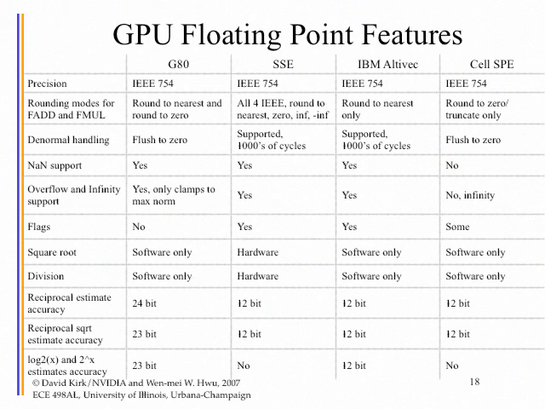The reason is that G80 and Cell are two comparable machines, both designed to be highly parallel and very, very fast. Whenever you have a highly parallel machine, you have to trade off between all the different modes you need to jam into that hardware versus how fast you want to run that hardware, and take some approximations.